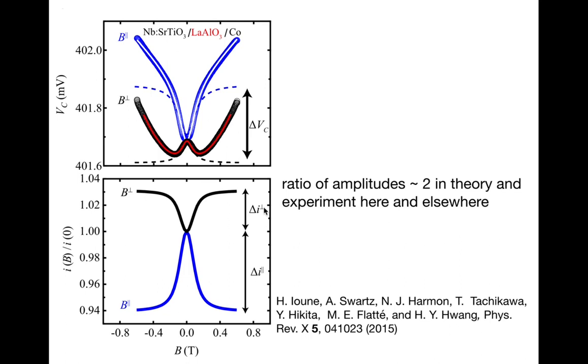Perp refers to the orientation of the magnetic field perpendicular to the magnetization of the ferromagnet, and parallel refers to the parallel orientation of the field and the ferromagnet. We see this ratio of 2, and this is a signature of this defect-mediated conduction.